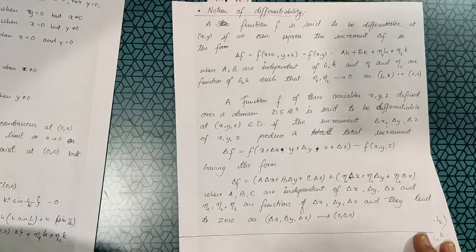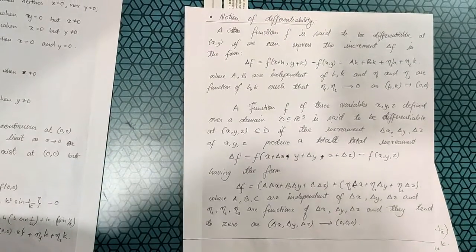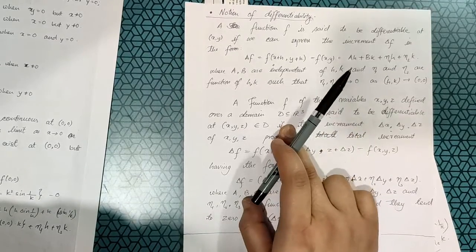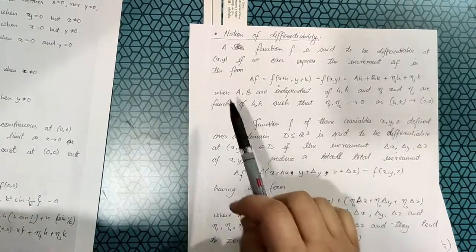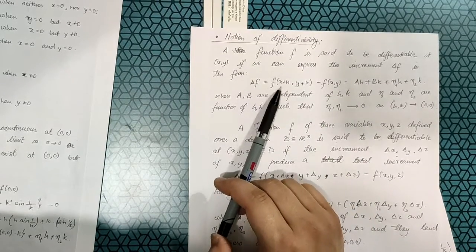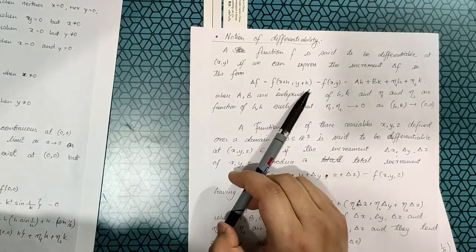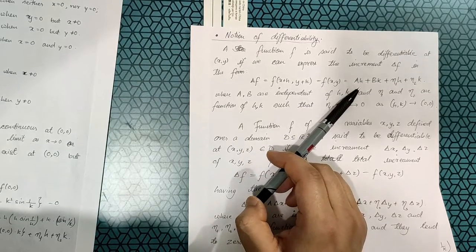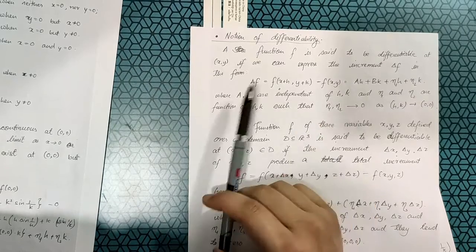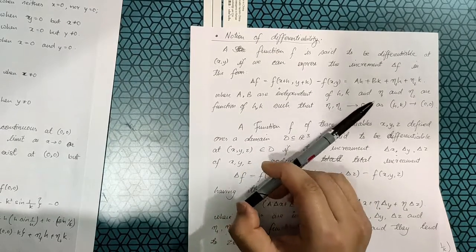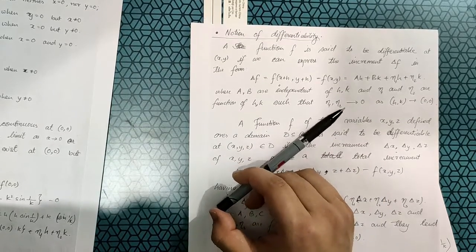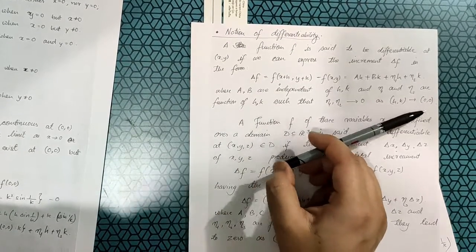We again try to understand the notion of differentiability. A function f is said to be differentiable at (x, y) if we can express the increment Δf in the form Δf = f(x+h, y+k) - f(x, y) = ah + bk + η1h + η2k, where a, b are independent of h, k and η1 and η2 are functions of h, k, such that η1 and η2 tend to 0 as (h, k) tends to (0, 0).